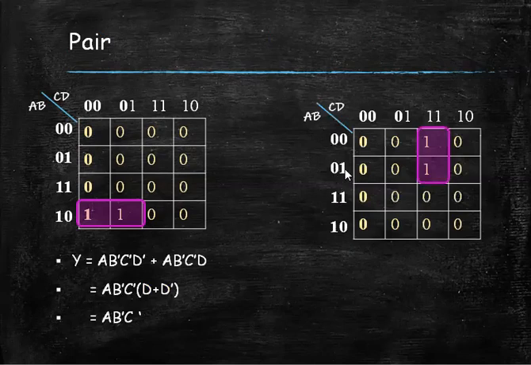A is not changing, but B is changing. Okay. Then here in these two, A bar, B is changing. Then we can avoid B and B bar. Then A bar, CD. The result must be A bar, CD.